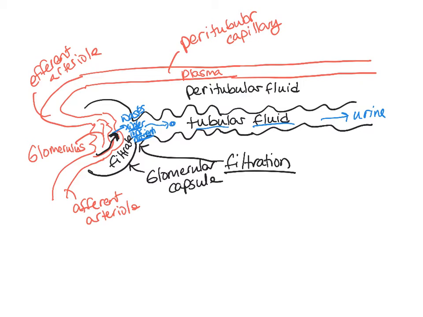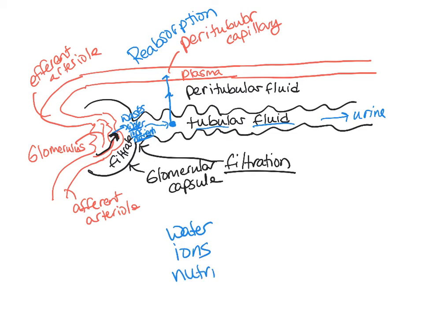So those things are going to move from the tubular fluid into the peritubular fluid and then into the plasma. That's what's called reabsorption. Now we have it back in the blood, and we've been able to keep these really important things like water, ions, nutrients. These are things that are going to be reabsorbed.